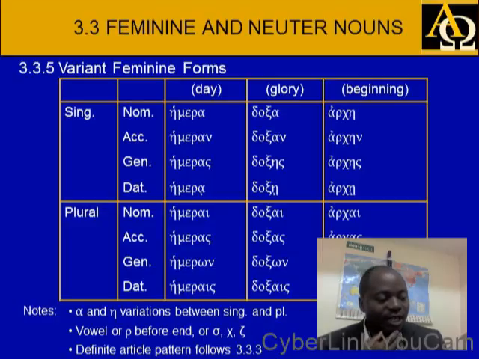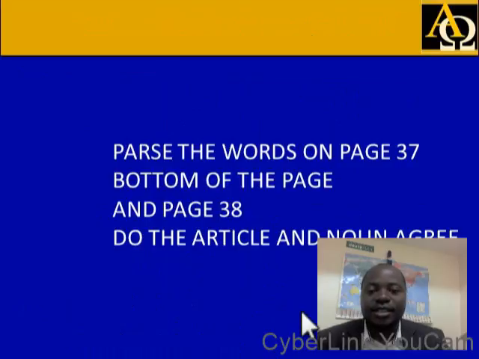And we have already looked at arche, archen, arches, arche, archai, archas, archon, archais. So what you need to note is the alpha and eta variations between singular and plural, and vowel or rho before the ending, or sigma, chi and zeta, and then the definite article pattern follows what you've already looked at.